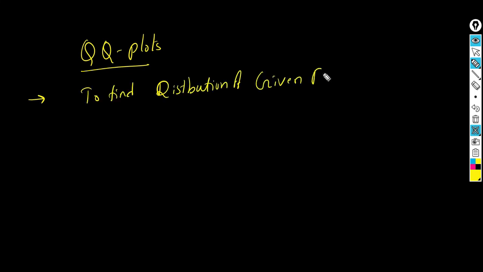Now let us discuss QQ plots. QQ plot is one of the graphical approaches to find the distribution of the given data. This is a graphical approach.